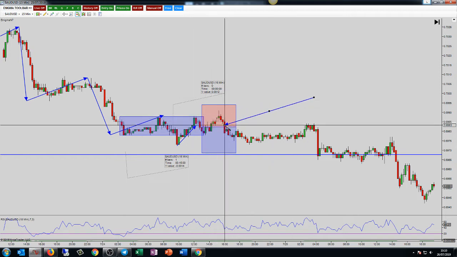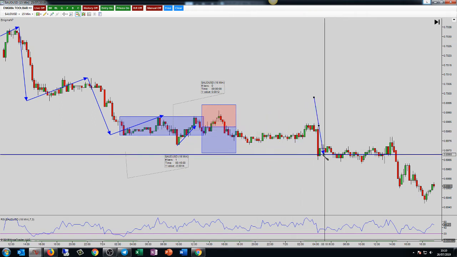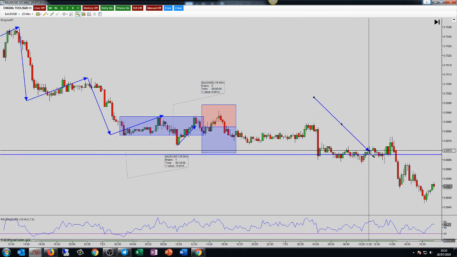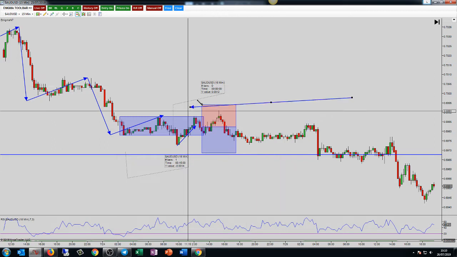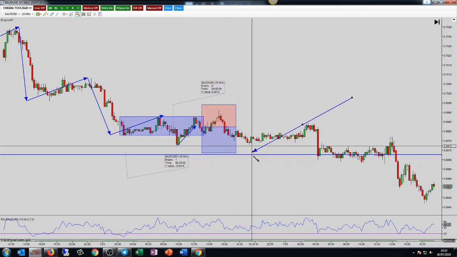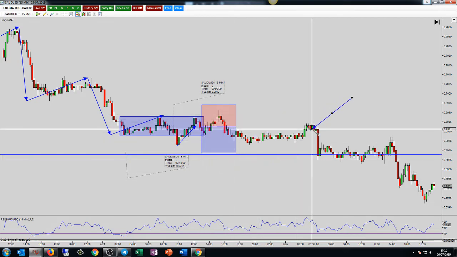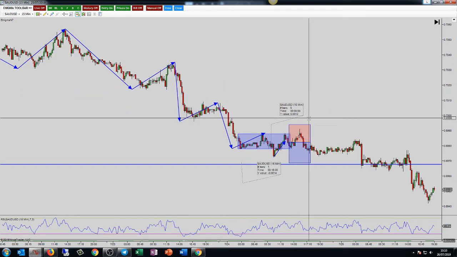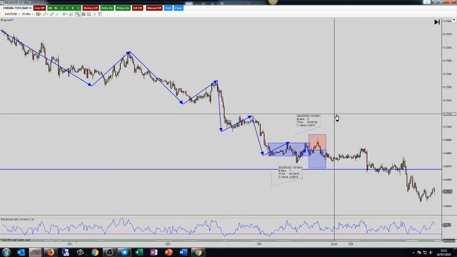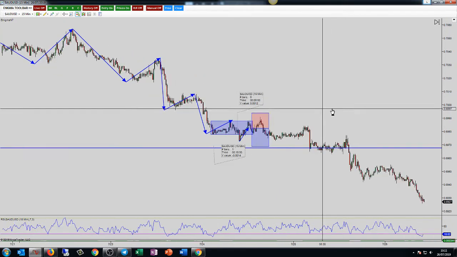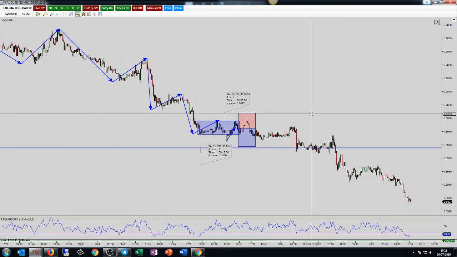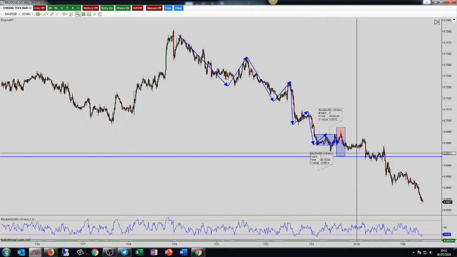And you could have got involved up here. And as you can see, we rallied down to hit targets. Targets were at this level. Did anybody take this trade? It was not sent out as a signal, wasn't quite big enough, but it just goes to show that the structure winners are out there, because my structure-based trading this week has been diabolical. It's been terrible.